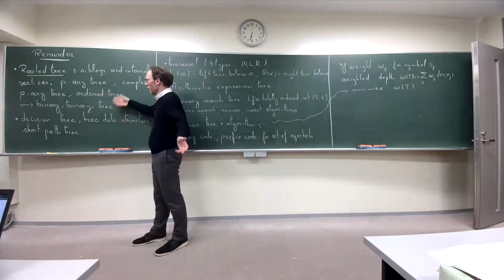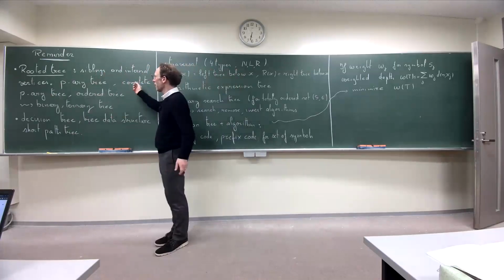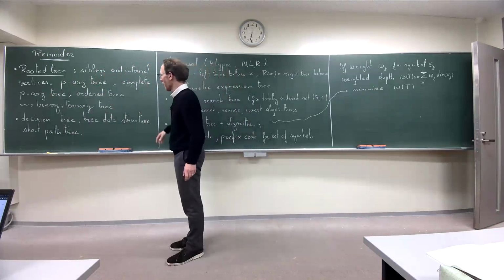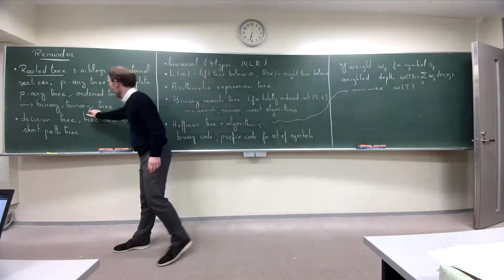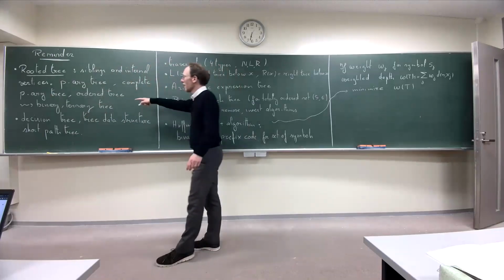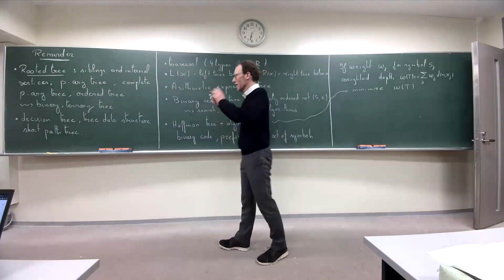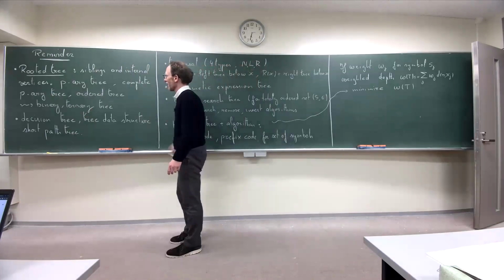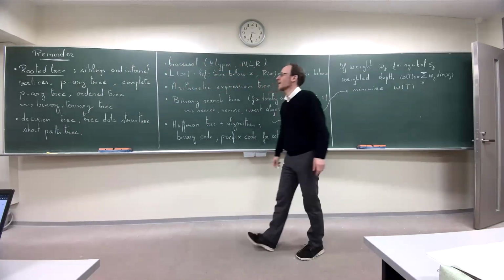They can be complete or not complete. It depends. In the definition, the completeness is not required. Then I just mentioned a few examples of the appearance of these structures in decision trees or in tree data structure. If you look at your computer, probably you have exactly this for your folders.